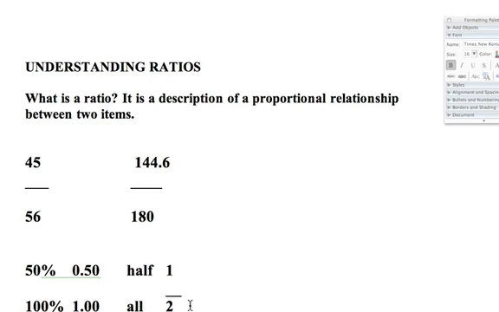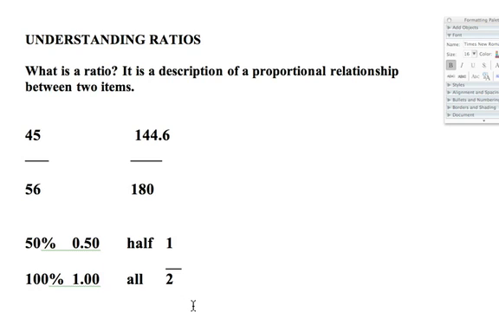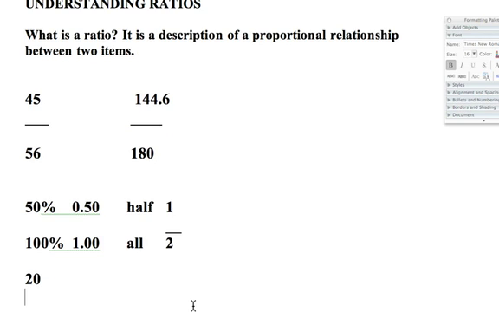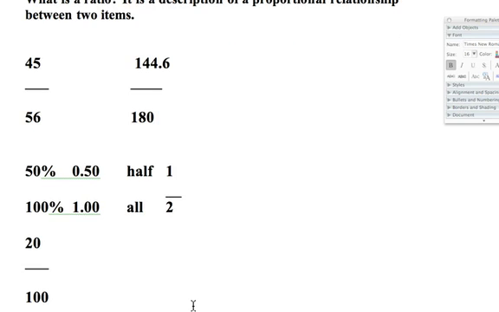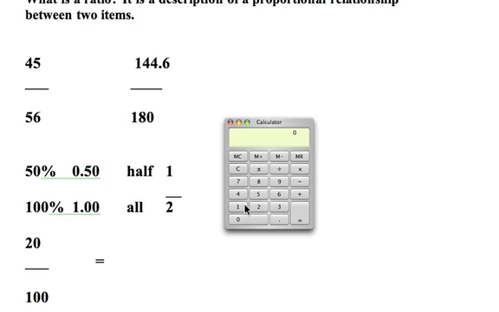So if you have a ratio such as 20 over 100, to get your percentage value, you would simply divide. Let's get our calculator.